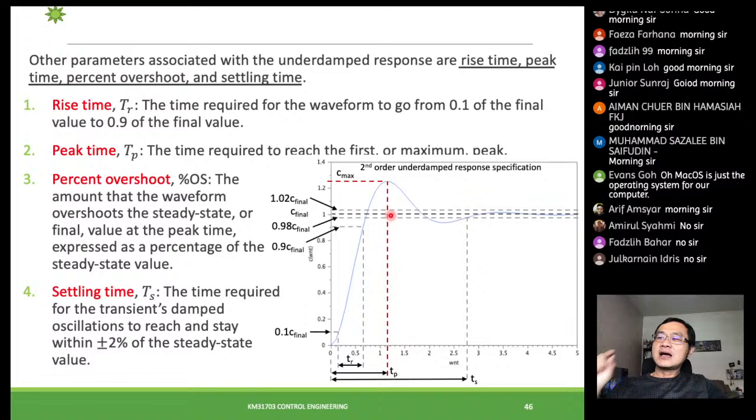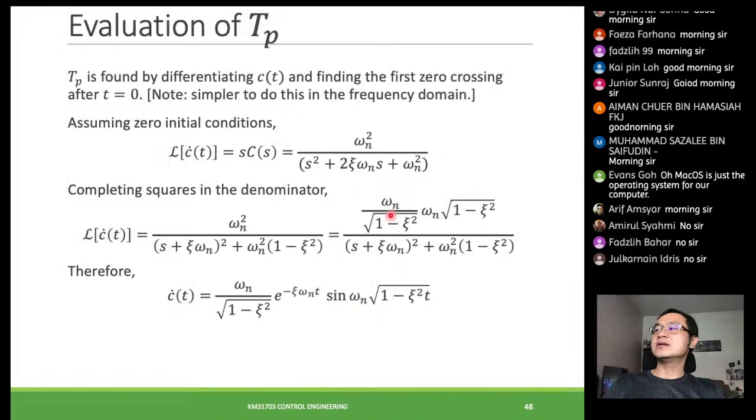To evaluate the peak time, we can actually solve it analytically. For a second order system, when we solve for the peak time, we eventually get this value: the peak time equals pi divided by the natural frequency times the square root of 1 minus the damping ratio squared.